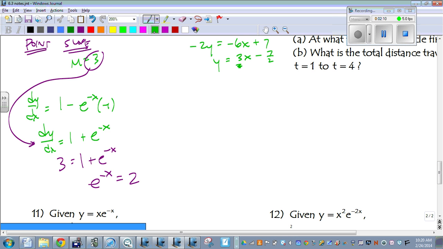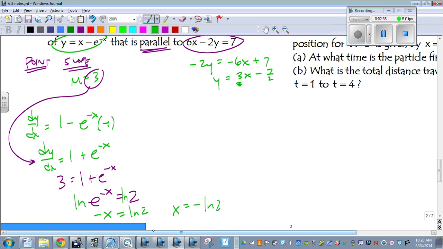Math magic. Going back to pre-calc, solving an exponential equation, we can take the natural log of both sides. Natural log of e to the negative x just gives us negative x equals natural log of 2. So if we want to figure out what x is, we just divide by negative 1. So x equals negative natural log of 2.